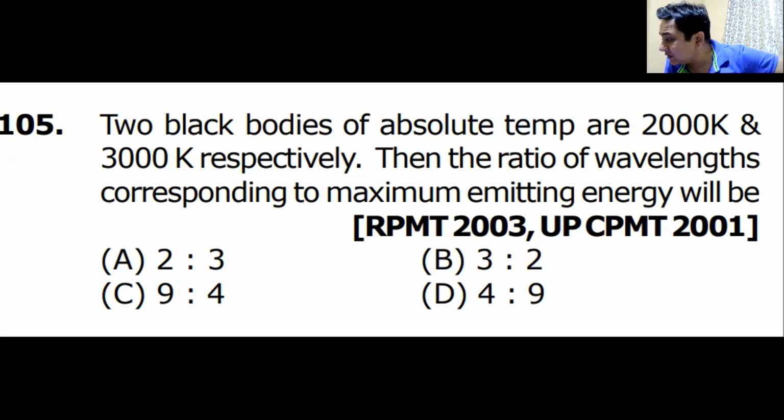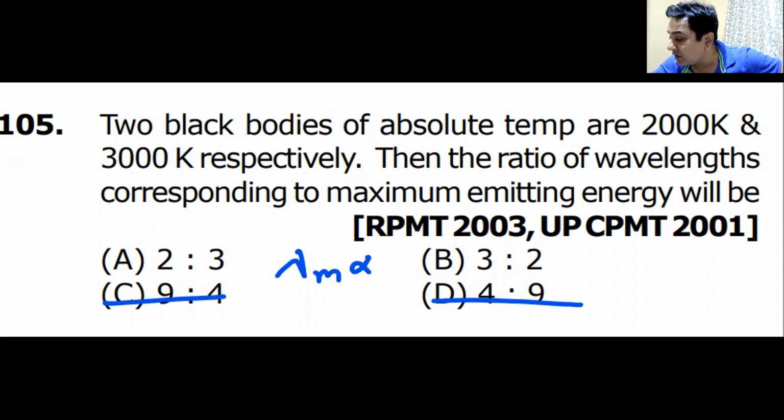Question number 105. And the correct option is... There are only two options possible. C and D are already voted out. It is not proportional to T square. So 2 and 3 are voted out. Lambda m is inversely proportional to temperature. Do we remember this? Temperatures are in the ratio 2:3. So the ratio must be the opposite. So this option goes away.